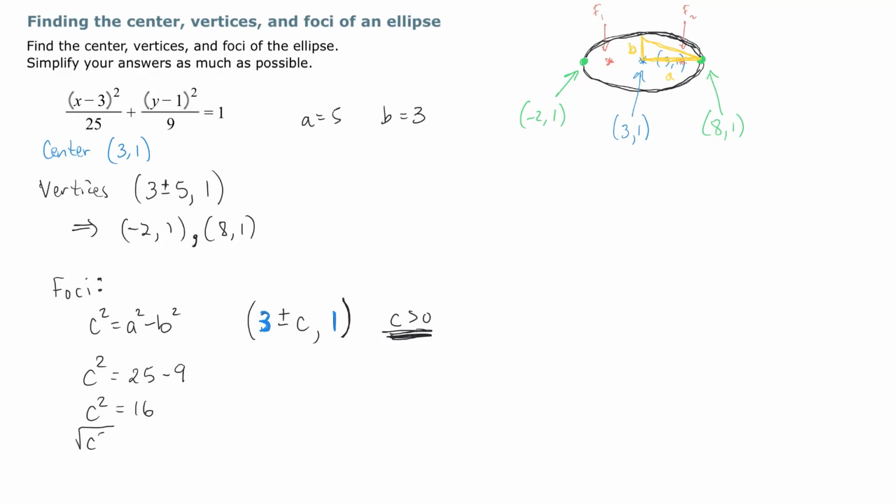Square root of c squared, and square root of 16. By definition, the square root of c squared is the absolute value of c. The absolute value of c is equal to 4, so c must be plus or minus 4. We know c is greater than 0, therefore c is 4.